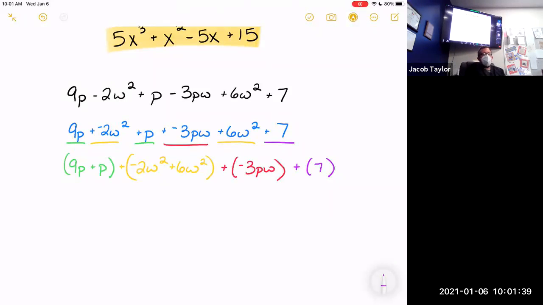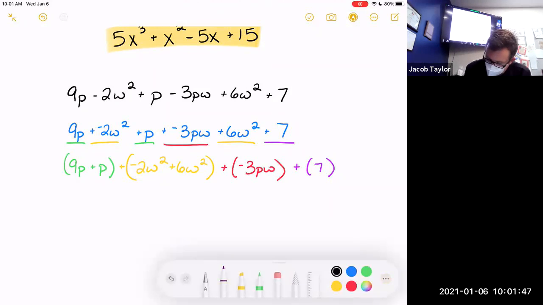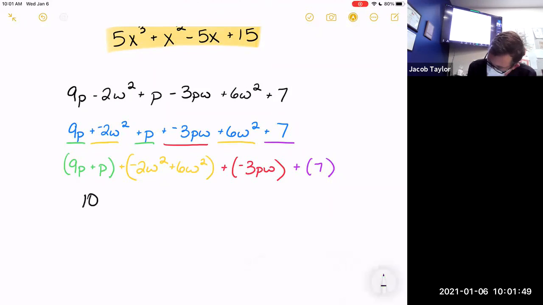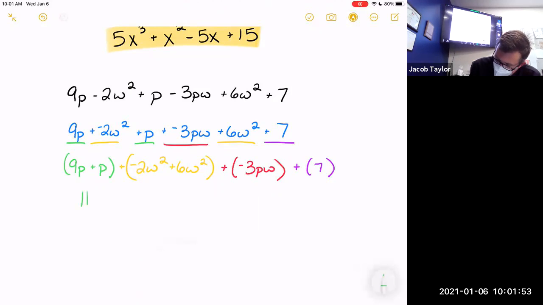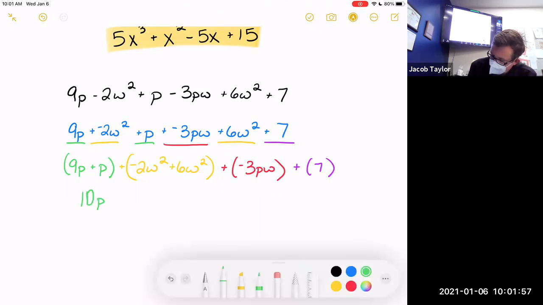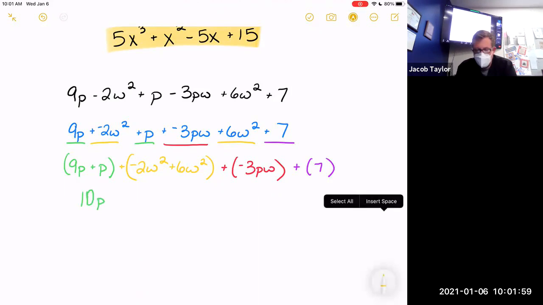Now we combine the like terms and we go one group at a time. Our first group was 9p and p, which gives us a total of, yep, 10p. Oh, let me keep my color convention consistent until we get to the answer. Next set of parentheses has a negative 2w squared and a positive 6w squared.